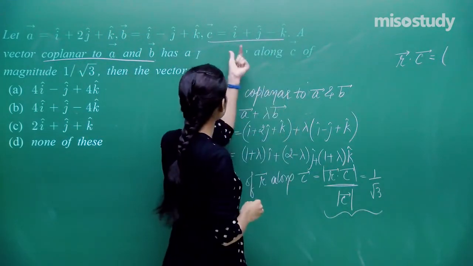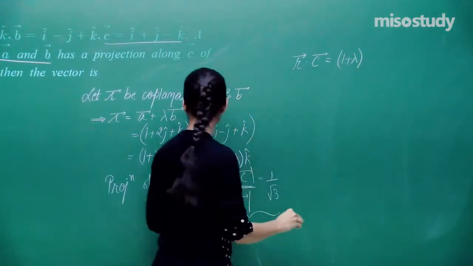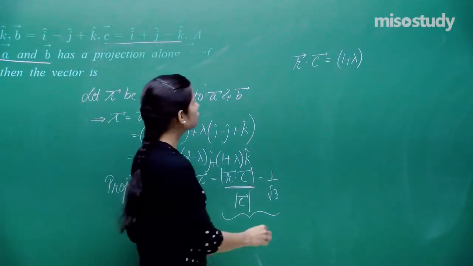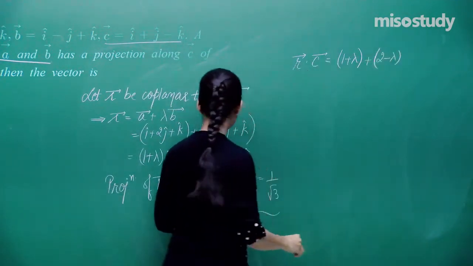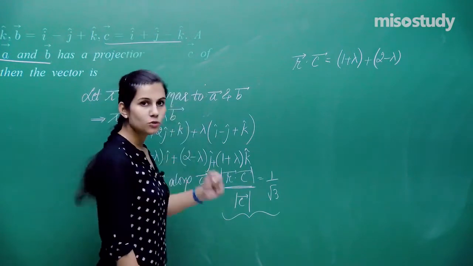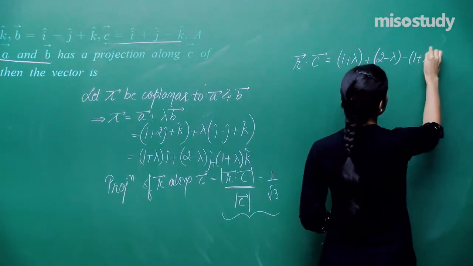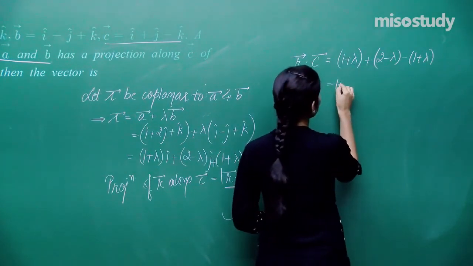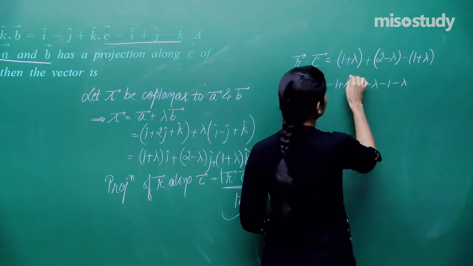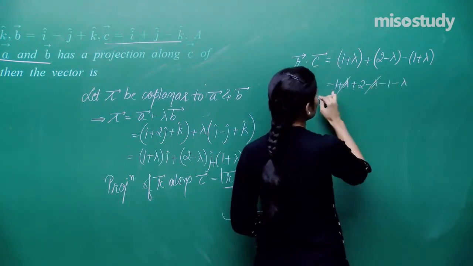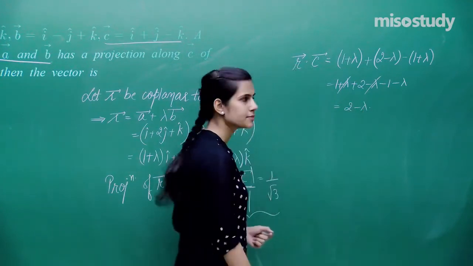So 1 plus lambda into 1, it is 1 plus lambda, plus 2 minus lambda into 1, so plus 2 minus lambda, plus 1 plus lambda into minus 1, so minus 1 plus lambda. Evaluate, this is 1 plus lambda plus 2 minus lambda minus 1 minus lambda. So this is 2 plus 1, 3, 3 minus 1 is 2, 2 minus lambda.